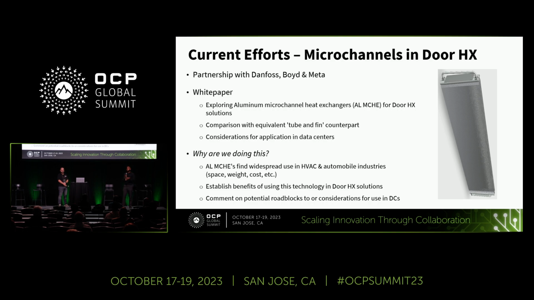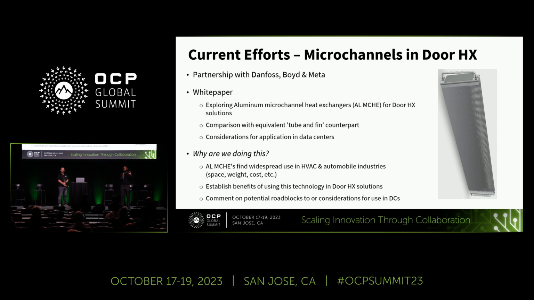And why are we doing this, right? So those of us in heat transfer, or who have encountered heat transfer in other industries, know the aluminum microchannel is very popular. In the automotive industry or in the HVAC industry, you would encounter this, and they have been proven in terms of their performance. So we want to see if that can be applied as well to door heat exchangers.